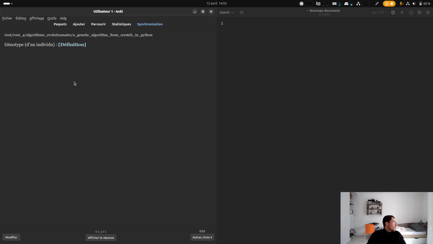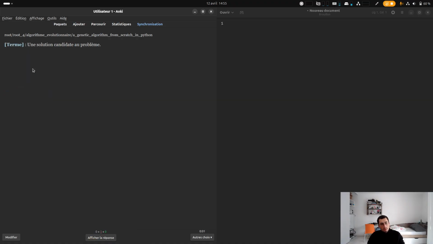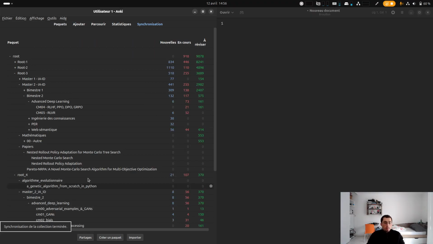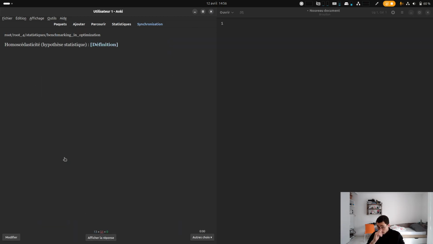The genotype is the representation of the individual manipulated by the algorithm. Combination, well, that's just the crossover step. Solution is an individual. Simple, very simple. But see, we had some information lacking a bit.